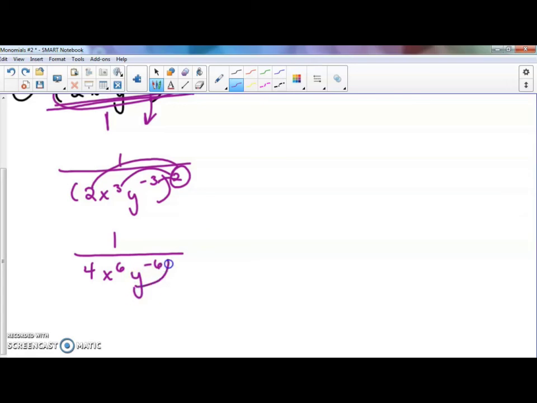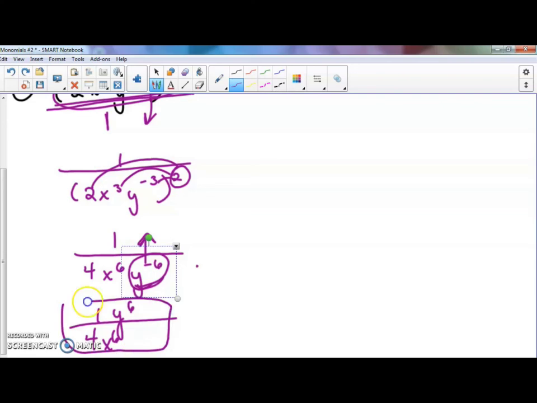So I have a y to the negative 6 on the bottom. I don't like that negative exponent there, so I'm going to have to take him to the top. So now left on top, I'm going to have 1, and my y to the positive 6 now, because I took him to the top. My 4, x to the 6 stay on the bottom because they're all good. Their exponents are positive, which means we're set, and we're good.